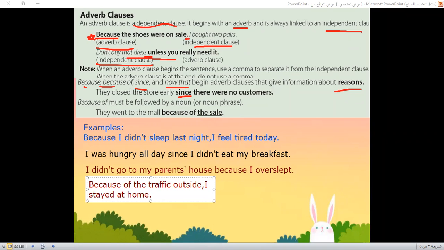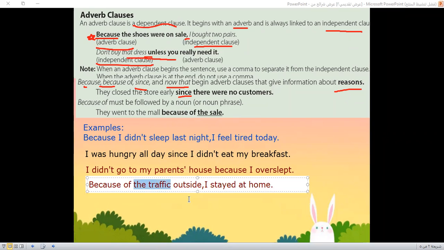Because of the traffic outside, I stayed at home. Why did I stay at home? Because of the traffic outside. Because and because of have the same meaning. Just when you use because of, you have to use a noun after it. The traffic here, the sale, anything that is a noun.